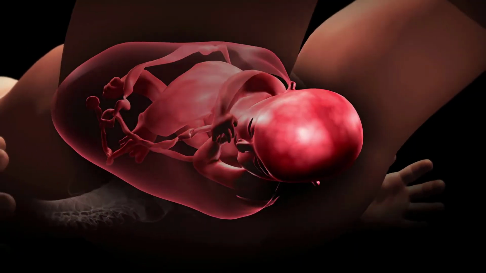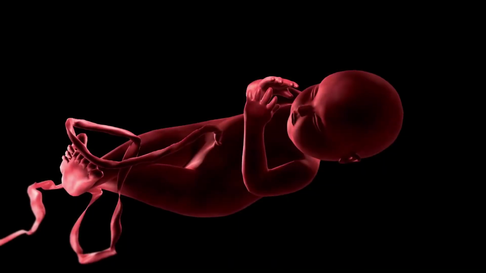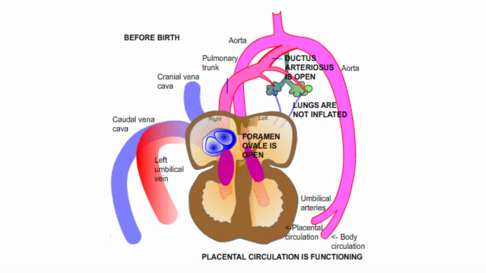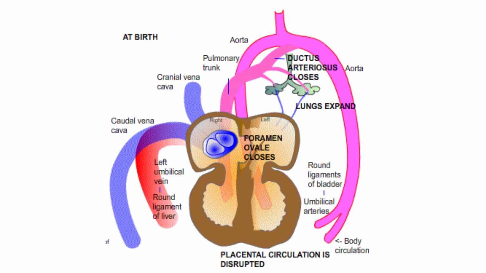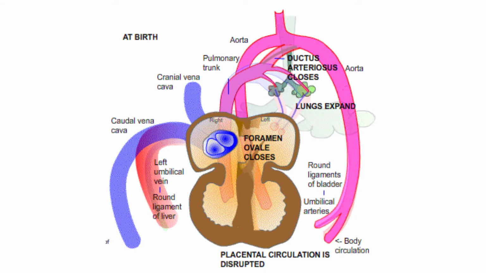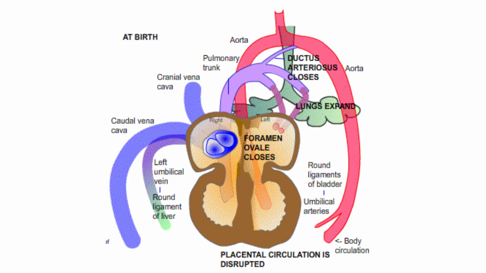At birth, a dramatic change in the fetal circulatory patterns occurs. The foramen ovale, ductus arteriosus, ductus venosus, and umbilical vessels are no longer needed. With the newborn's first breath, the lungs inflate, which leads to an increase in blood flow to the lungs from the right ventricle.